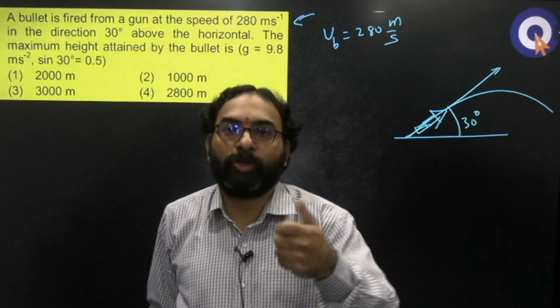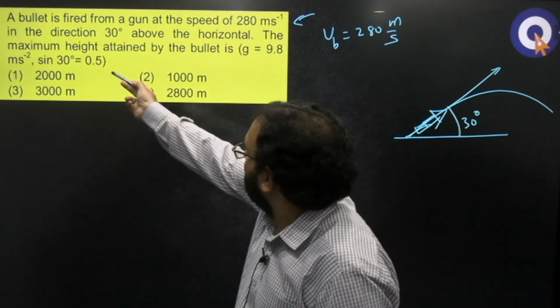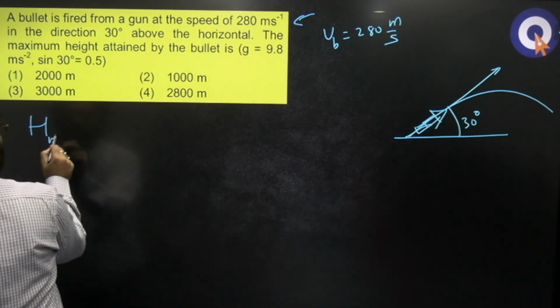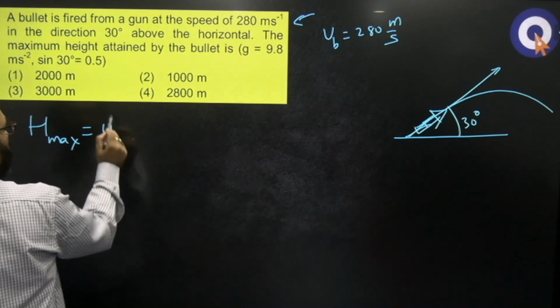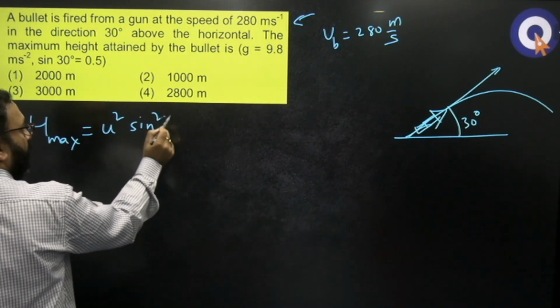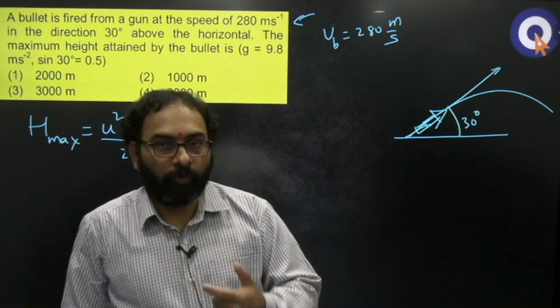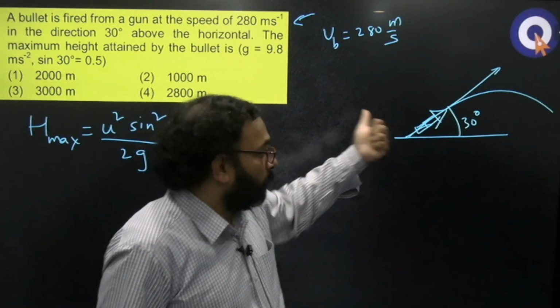It's an oblique projectile. So now the maximum height attained by the bullet, you can use this formula, u square sin square theta by 2g. This is the maximum height formula for oblique projection.